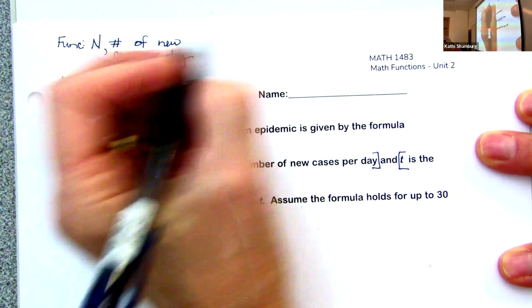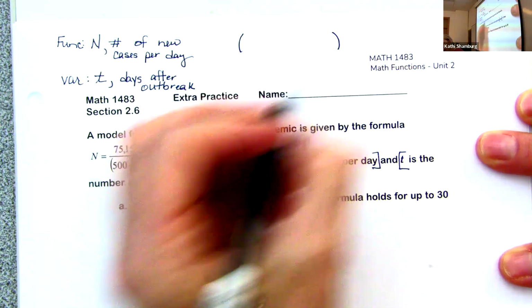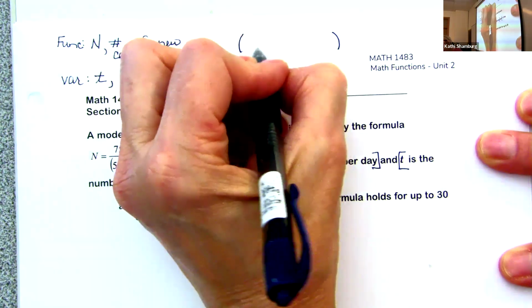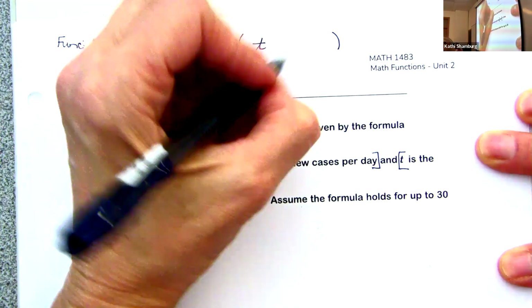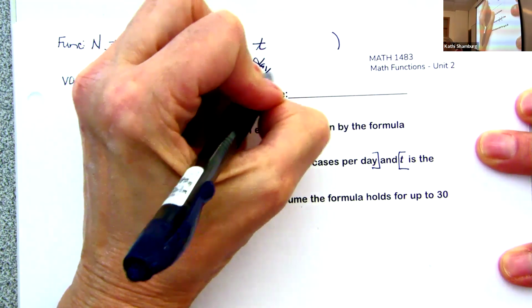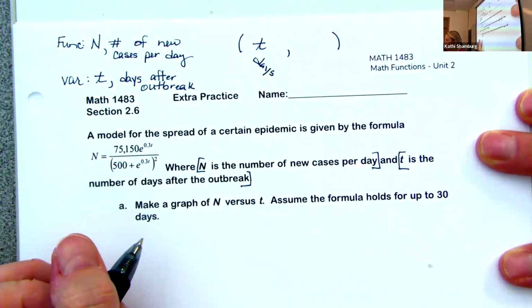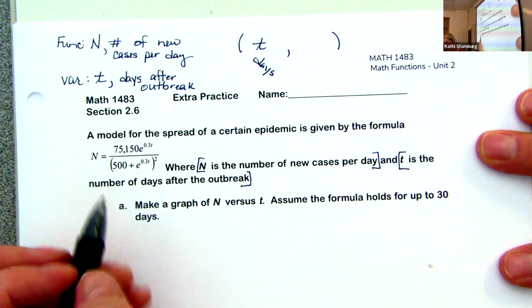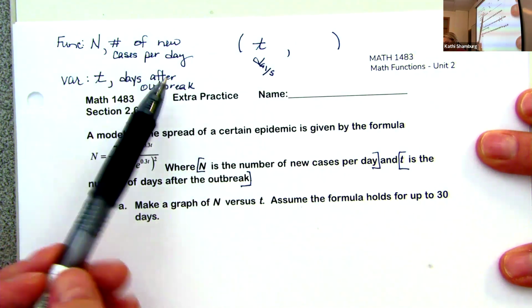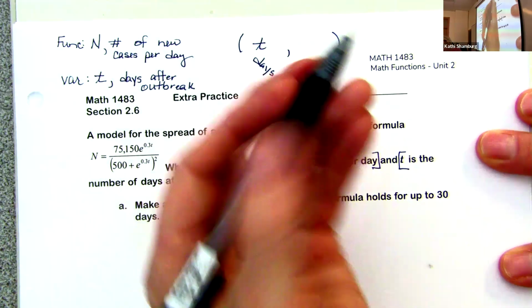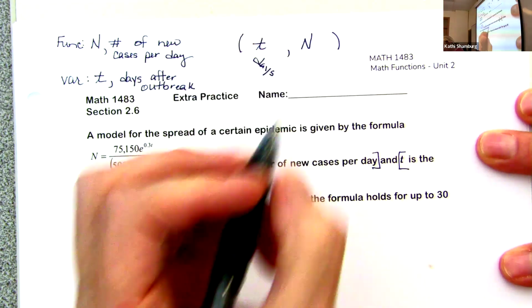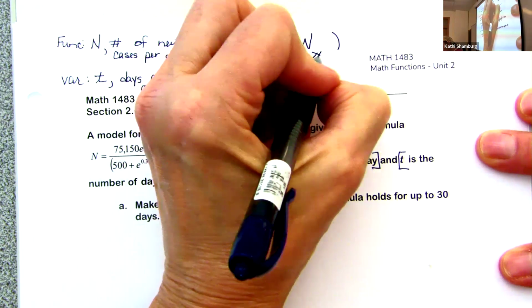So I'm going to go ahead and do my ordered pair as well. Variable is always first, and this is days after outbreak. I'm just going to write days for now, just so it will give me a quick memory trigger. And then function is N, and this is number of new cases.